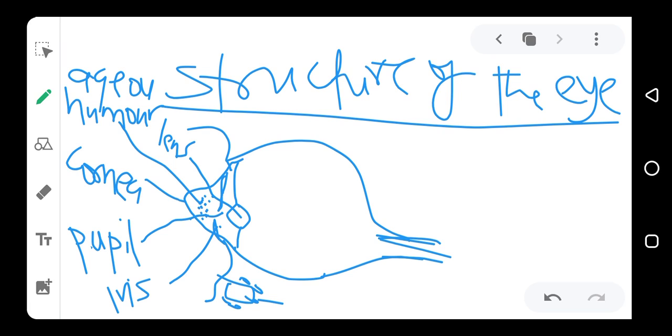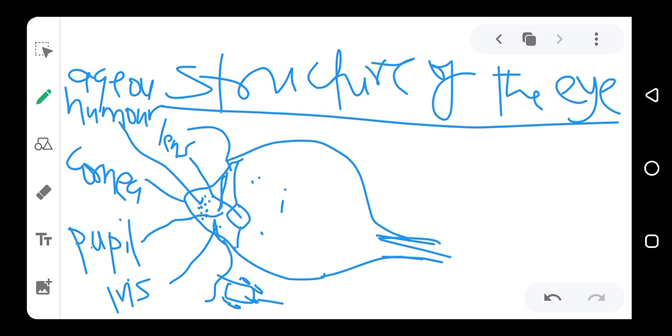We have a watery substance after the cornea, and that one is called aqueous humor. That is this one. Then at the back of the lens, there's another one, and we call that one vitreous humor.